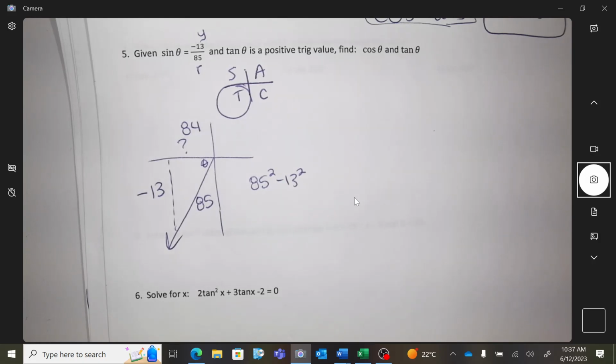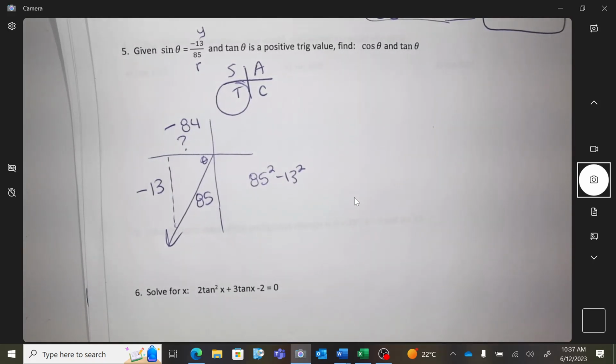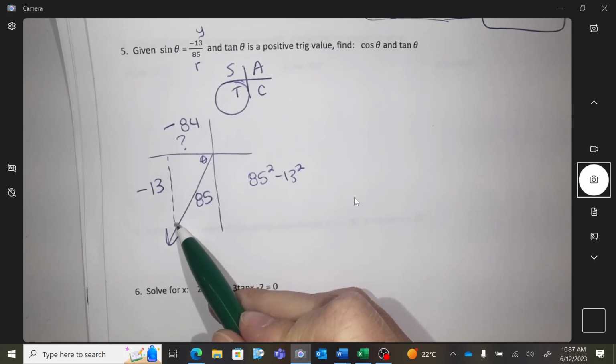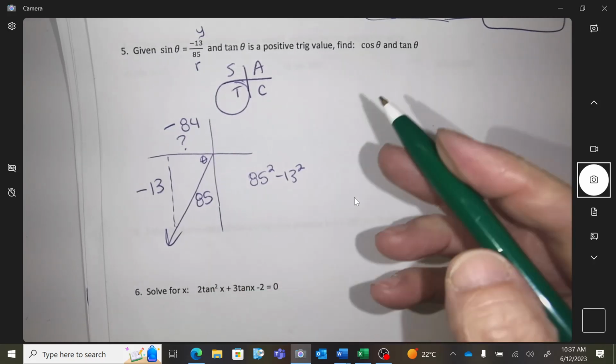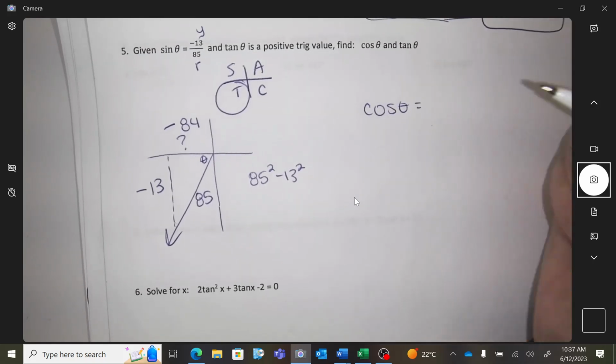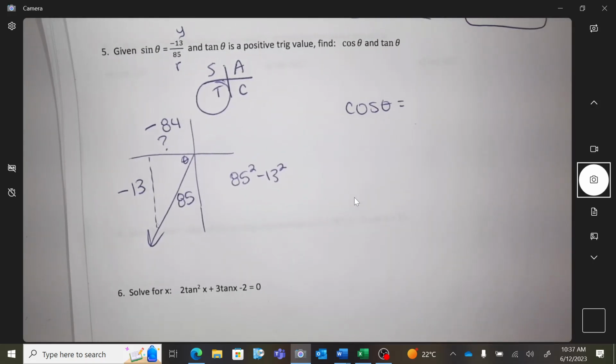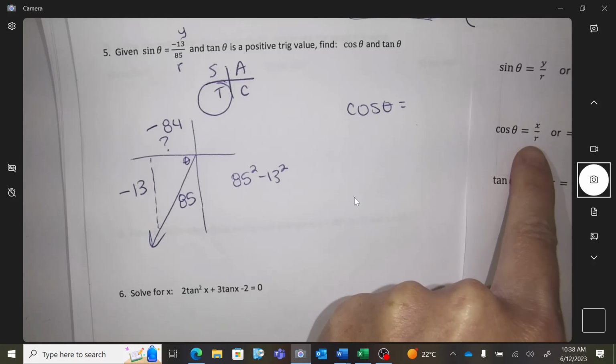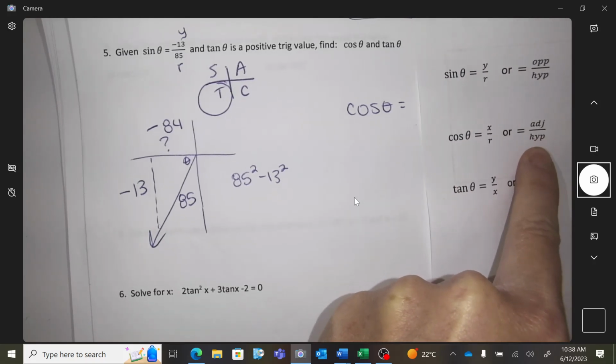Okay, now that I got my numbers, so math is separate than location. What do you do about the location of this 84? Negative 84. Look at where it's located. It's in quadrant 3. Every quadrant 3 coordinate should be negative, negative. So now, what is the cos theta? What over what? If you like x over r, or if you like adjacent over hypotenuse.